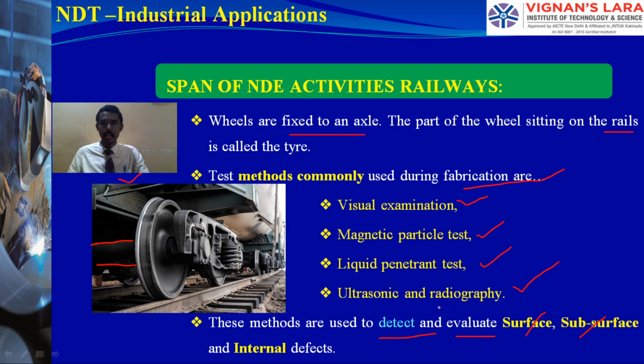Radiography and ultrasonic can go for the subsurface defects, and liquid penetrant testing, magnetic particle testing and visual inspection can do the surface inspections. So we can inspect surface cracks on the surface, and porosities or inclusions in the subsurface. Since we don't know in advance, we go for any of these methods to inspect the railway parts.